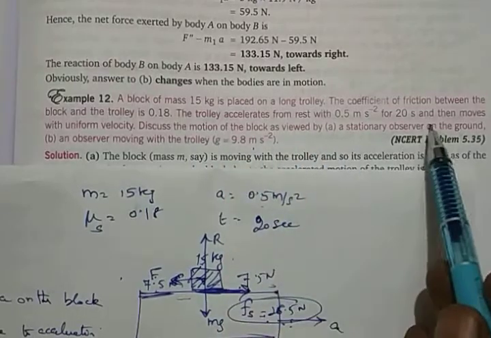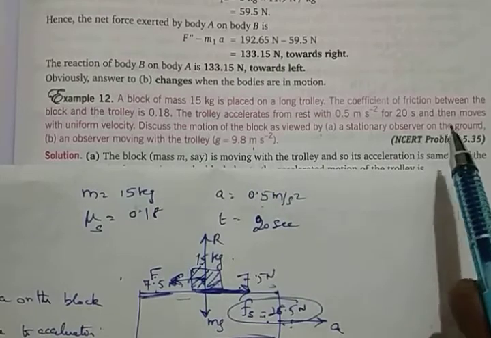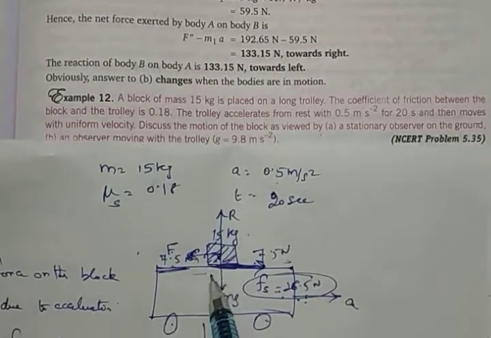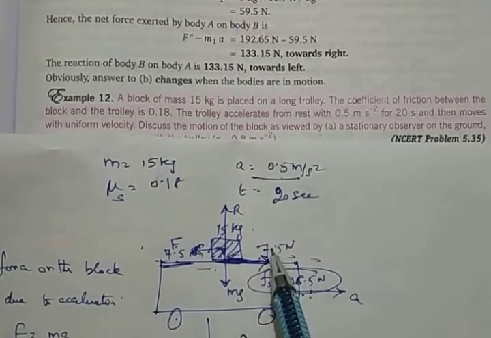The trolley accelerates and then moves with a uniform velocity. Discuss the motion of the block as viewed by the stationary observer. As viewed by the stationary observer, this block will be going along with the trolley, static in the trolley, with the acceleration like this.